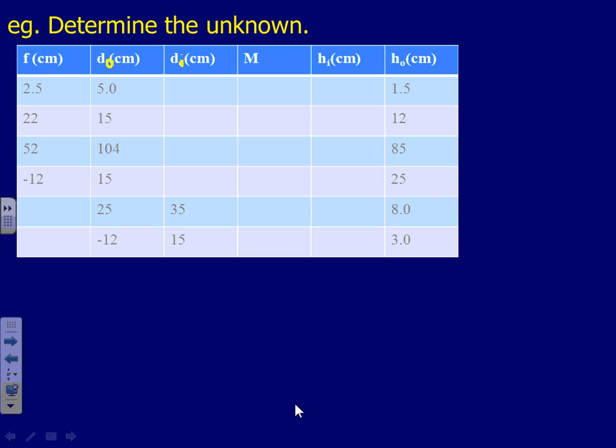Don't switch any numbers around. This is the DO, and it's going to go in as DO. I want to switch this title to DO, and this to DI. We're finding the image. If I just changed the column and the number, I wouldn't have changed anything except its position. That's meaningless.